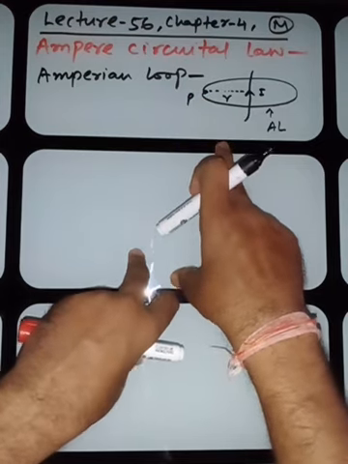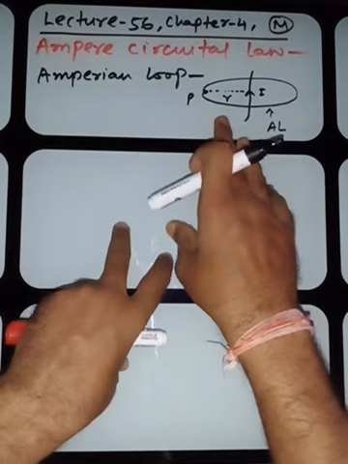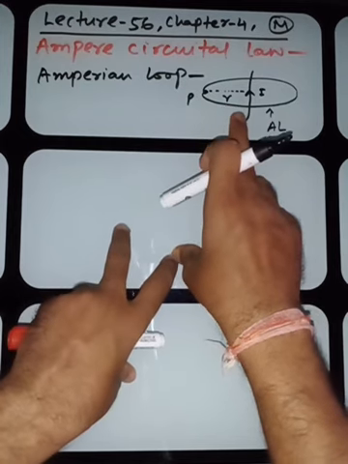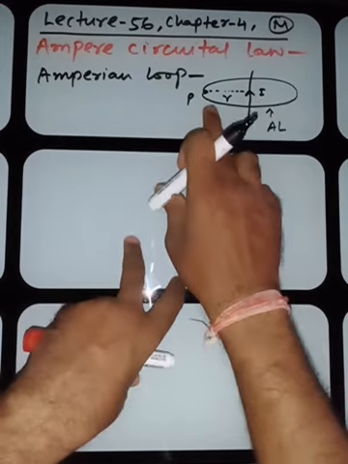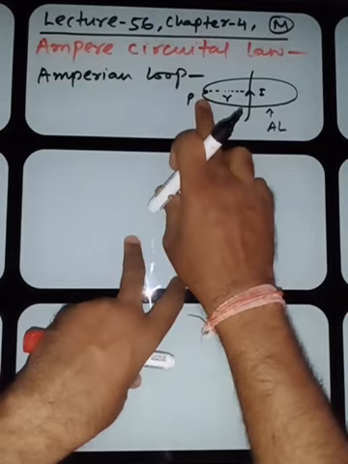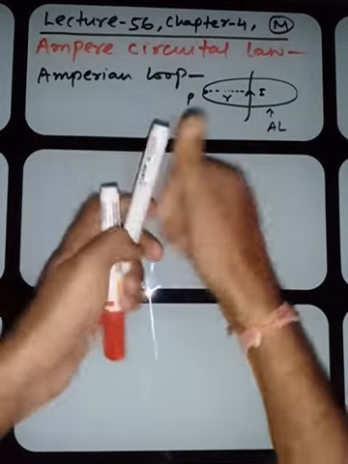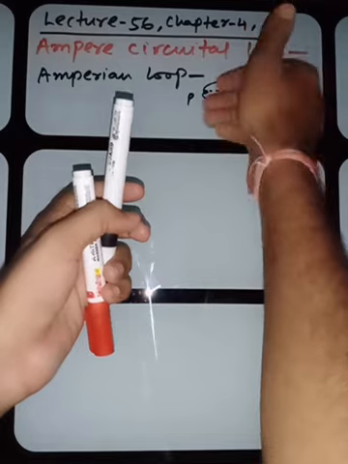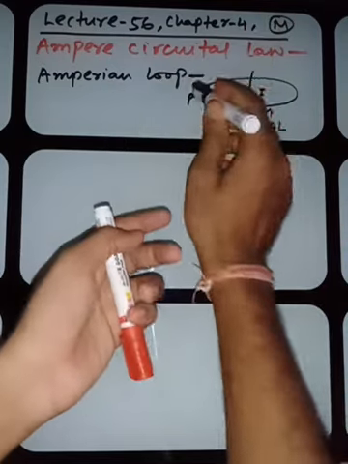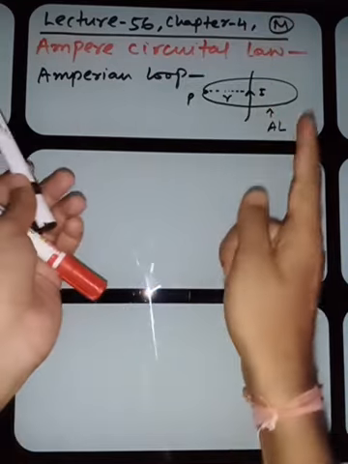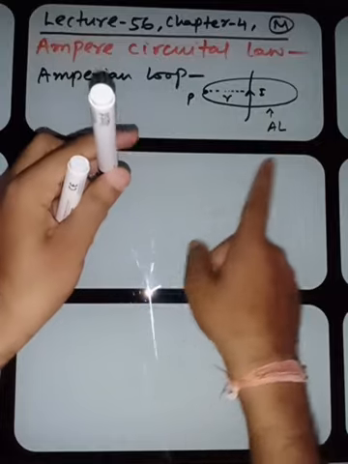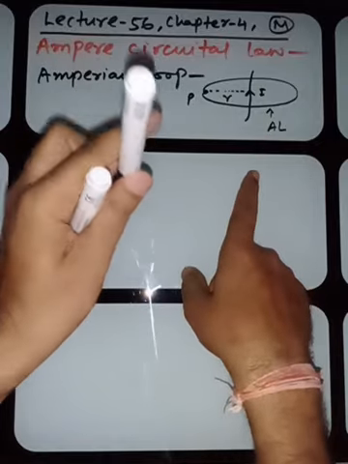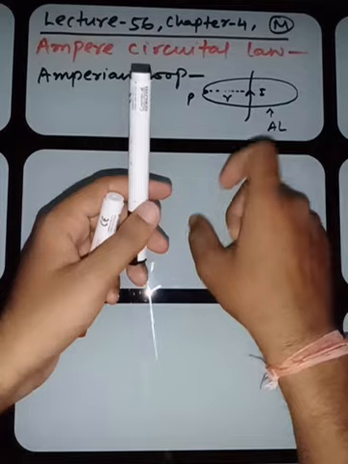Next point: the magnetic field will be along the tangent to the Amperian loop. If you find the magnetic field over here due to this conductor, of course, if the current is moving up, the magnetic field will be along the tangent to the Amperian loop. Since it is a circle, the tangent direction will give you the direction of the magnetic field.